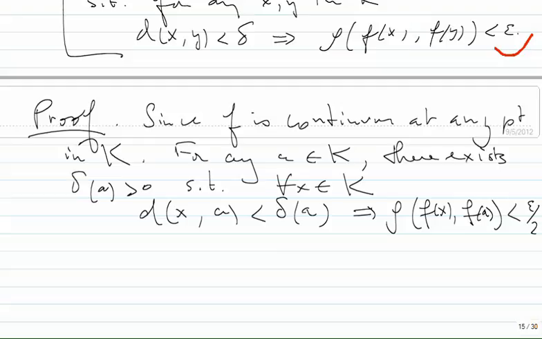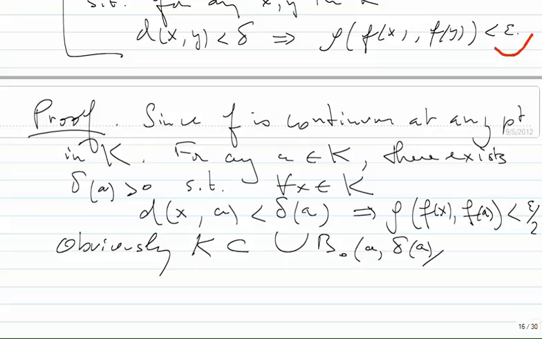Then we know that K will be included in the union of all the open balls centered at A with radius delta of A over 2. So now K is compact.